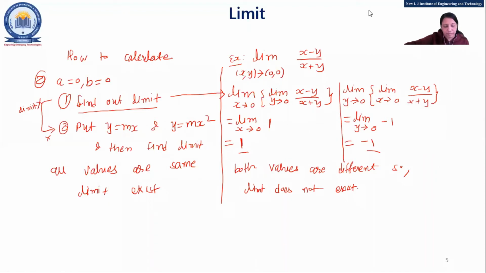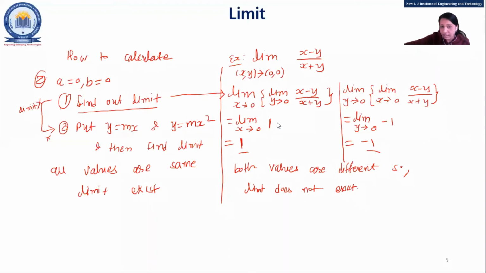It's not only mx that we have to use. That is not in your syllabus also, but we'll explain if time permits, because mx, mx square, mx cube are the options. If it exists, go for the second way: y equal to mx, y equal to mx square, y equal to mx cube.